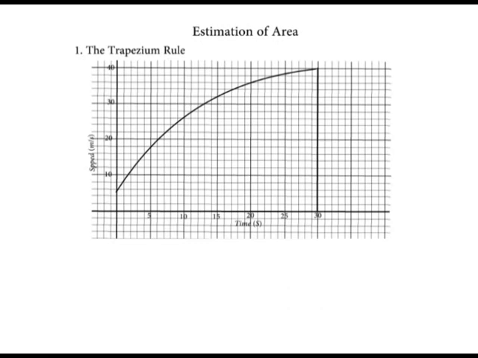To minimize that, we divide it into smaller trapezia, say like 6 of them. We then calculate the area of each one of them and then find the total. By reducing the size of the trapezia, the curved part is almost a straight line, not perfect though, and so the area is still an estimate.